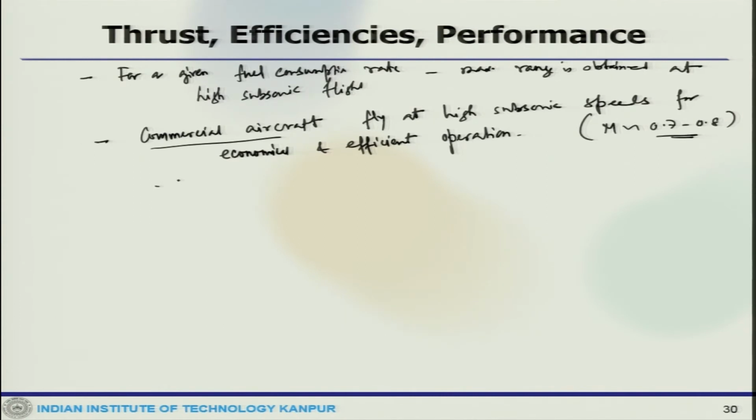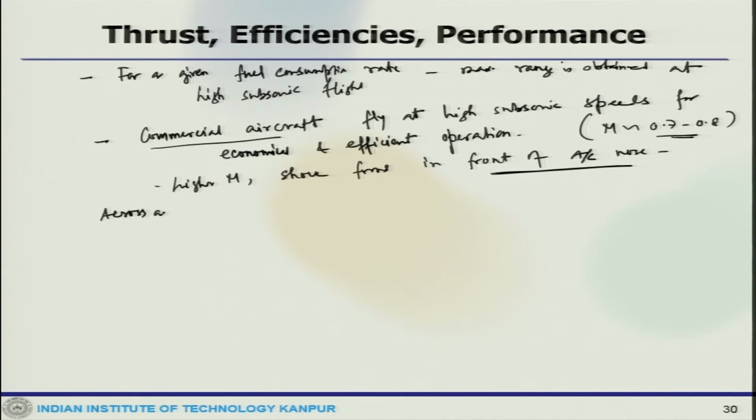So, what happens at higher Mach number is shock fronts form in front of the aircraft nose. Now, once there is a shock formation, we have already seen that across a shock the temperature increases.